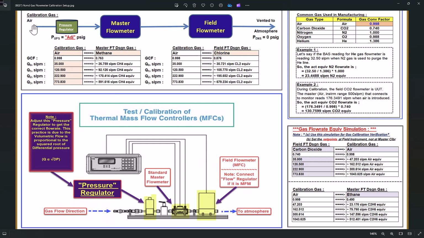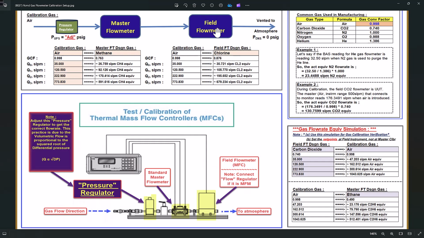Now we use the air as our calibration gas medium, and we introduce this air into the hose or tubing or pipeline for calibration purpose. But now the problem is, for example, this master flow meter is calibrated for methane gas, and the fuel flow meter is calibrated for chlorine gas.